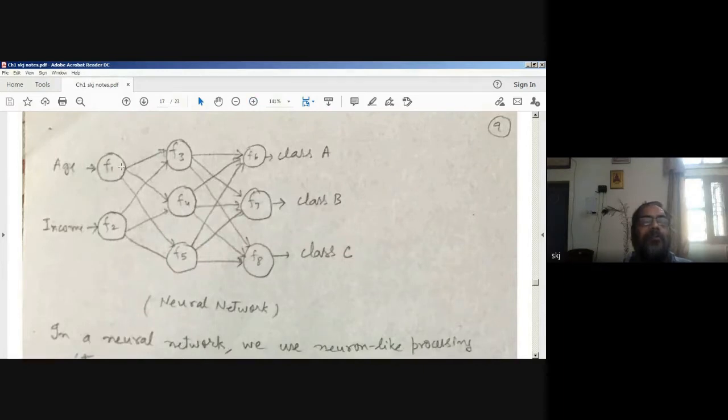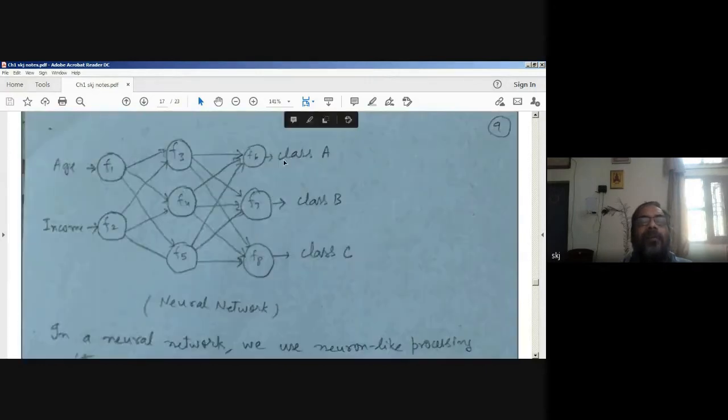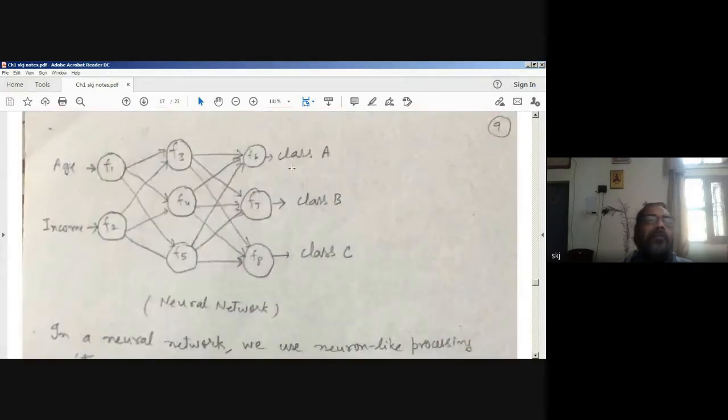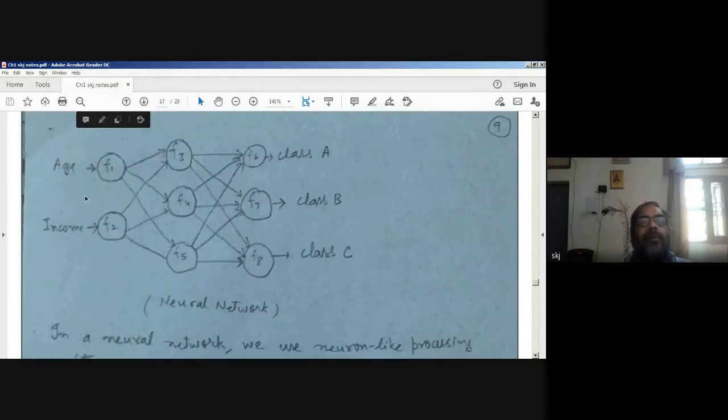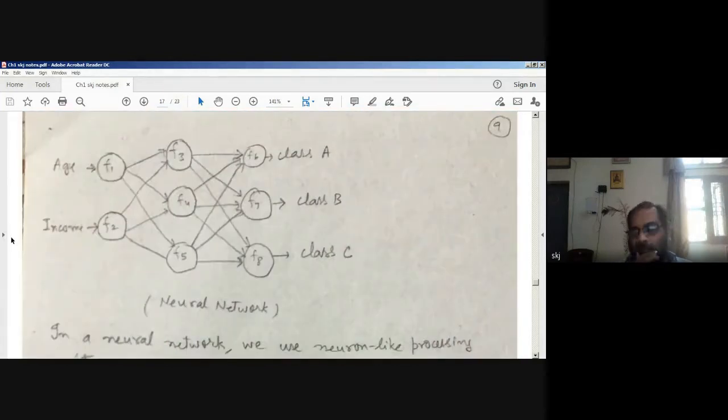All the possible paths are used, and finally we decide to which class the sample, the age and income of a customer, belongs: class A, class B, or class C. Initially, many examples are taken and this is trained. Trained means these values are computed, or these functions are made.